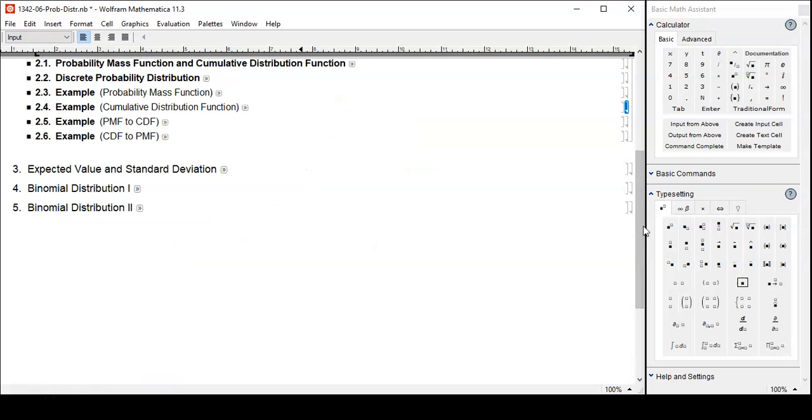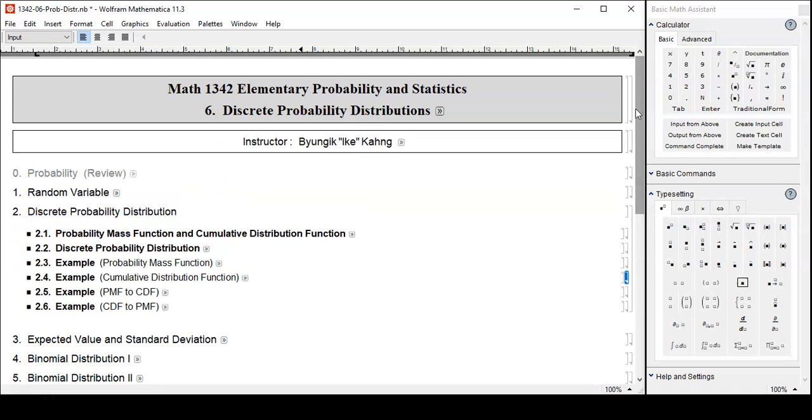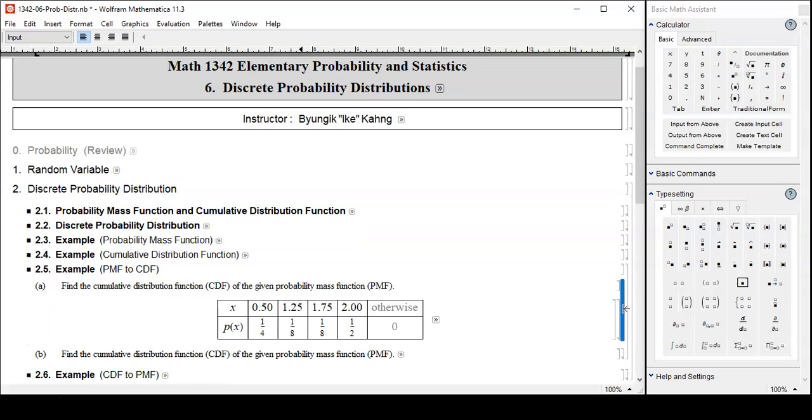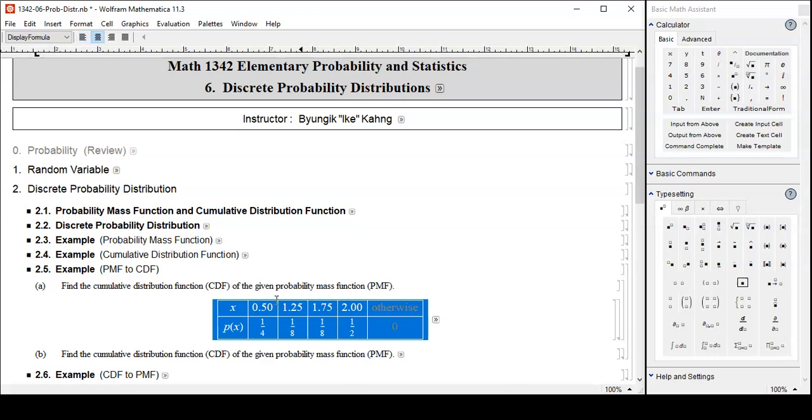Okay, let's see. We did some examples of PMF to CDF, as a matter of fact. Let's do one more time. Find the cumulative distribution function, CDF, of the given probability mass function. Okay, all right.